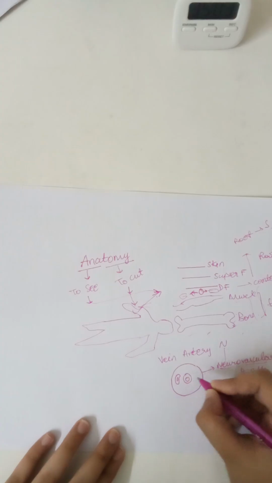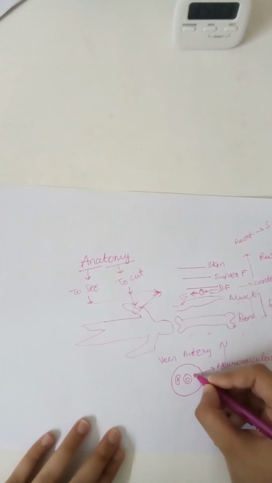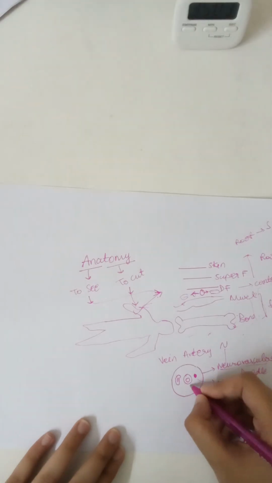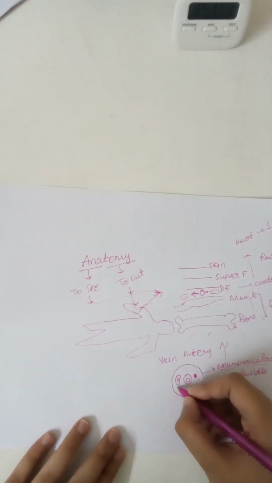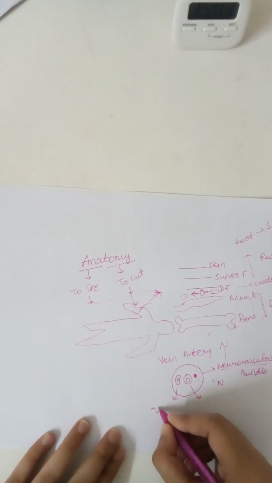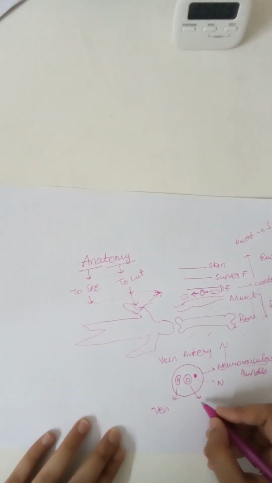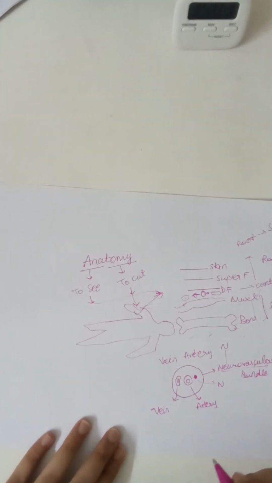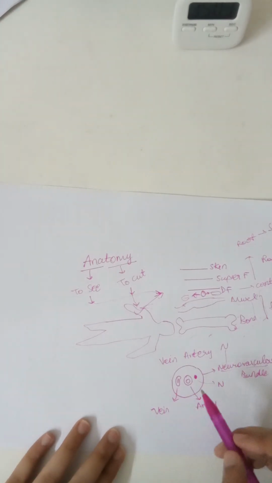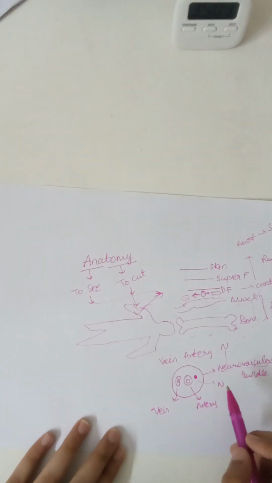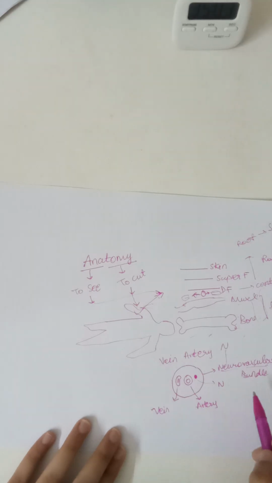Nerve does not have a lumen. Both vein and artery have a lumen, but the vein is thin-walled and can easily collapse, while the artery is thick-walled and can recoil. Nerve does not have a lumen and is a solid cord-like structure.